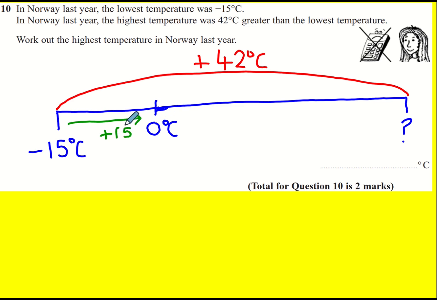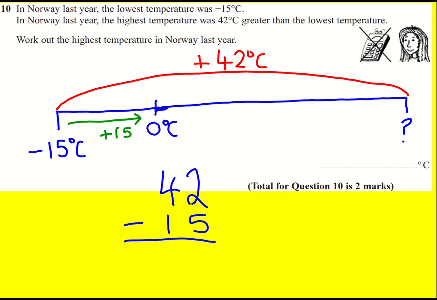And then I just need to think about what I need to add on to that 15 to get up to 42. So the calculation I'm actually doing here is 42 take away that 15 that I've already added on to get to the 0.